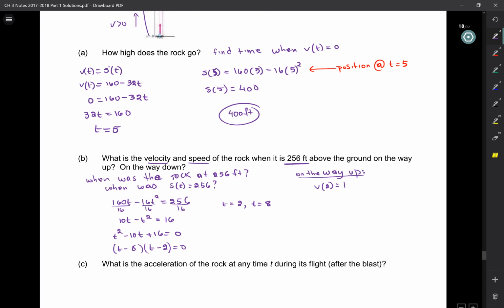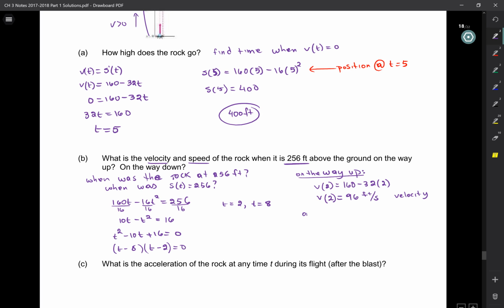160 minus 32t. So 160 minus 32 times 2. So v of 2 is equal to 160 minus 64, which is 96 feet per second. This is the velocity.